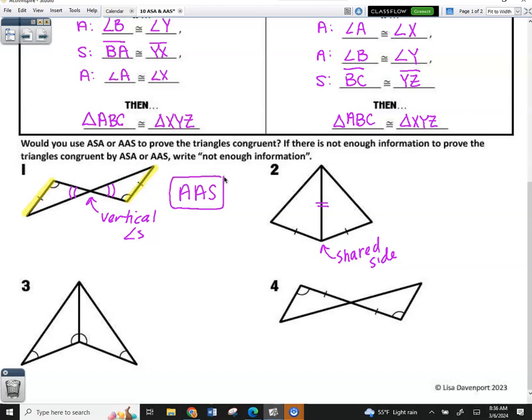What letter in our shortcuts is not met at all in this picture? Angle. I don't have a single angle mark. I don't know any of the angles in there. Now you can argue all day long, oh, they look equal. Yeah, but remember we're in a courtroom and I need proof. Like, I don't know. They could be off by 1/10 of a degree. We don't know that they're equal. So there is not a single angle marking in this picture, which means we cannot use the 2 shortcuts we learned today.